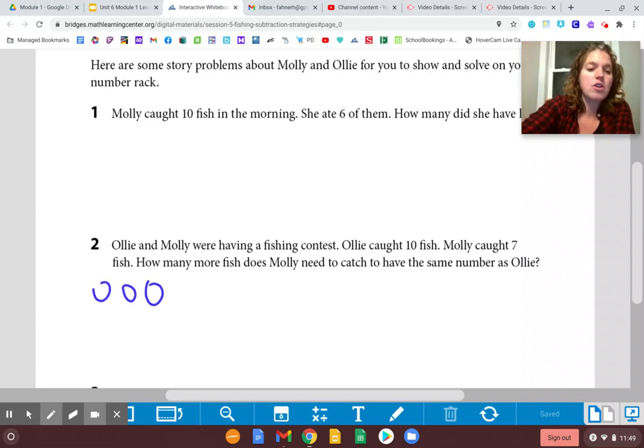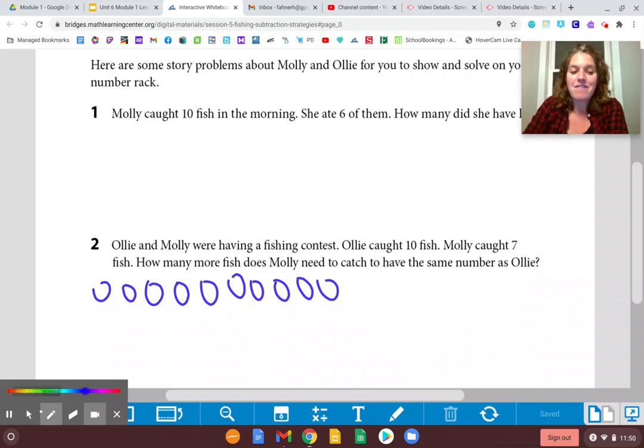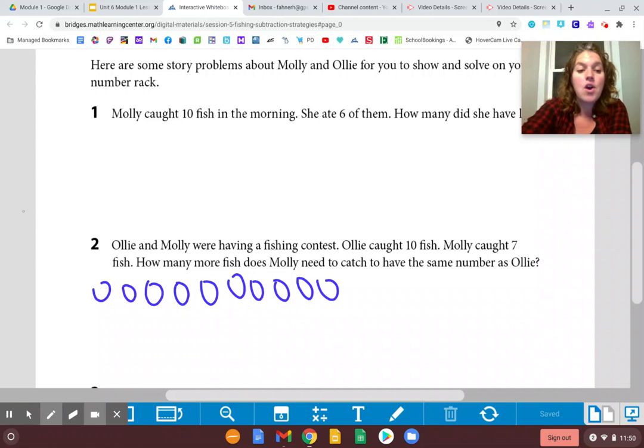So go ahead and draw on your board or do it on your number rack the 10 fish that Ollie caught. Then it says Molly caught 7. So on my bottom row of the number rack, or here in my picture, I'm going to do the 7. And I'm going to try to line them up because I'm going to compare them.